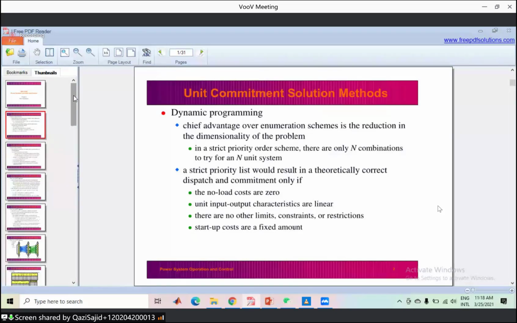So mainly we have to keep in mind one thing, that we have to choose the cheapest unit for our purpose. You can view unit commitment in a sequence of dispatchment.